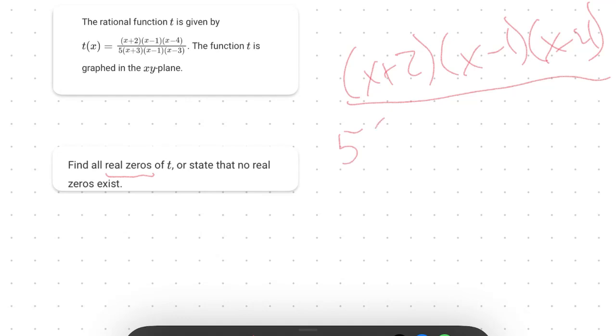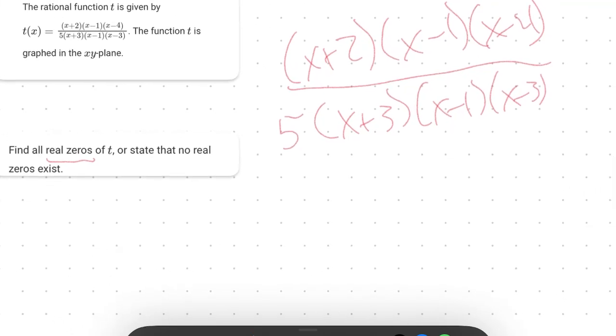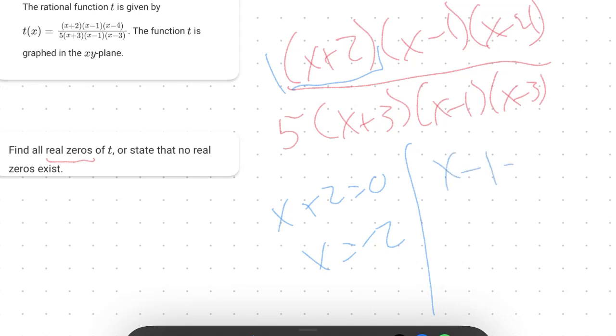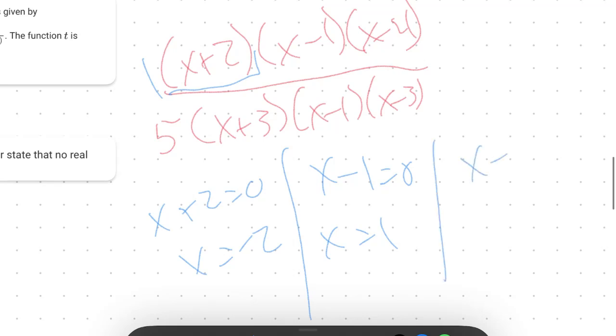Now we're just going to take each factor, set it equal to 0, solve for x real quick. And this will give us our zeros, right? All three of these make the top equal to 0, which will make the whole thing equal to 0.